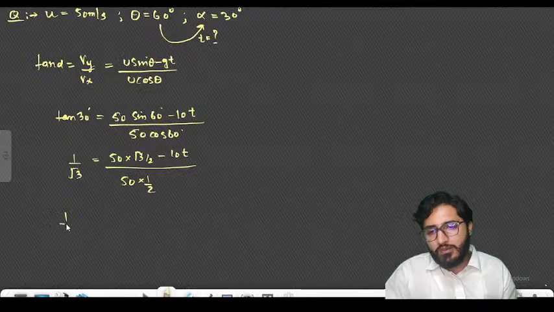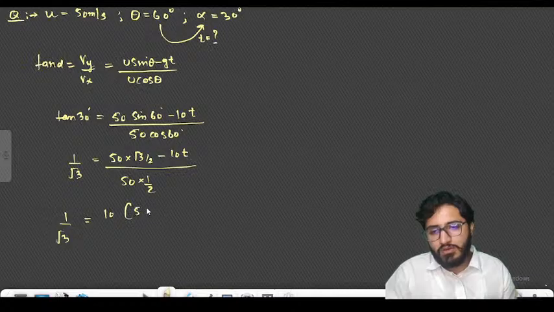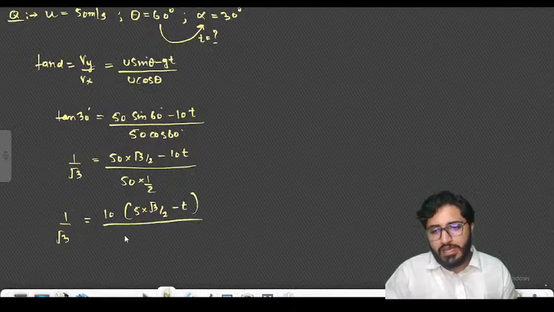So I can write 1 by root 3. I can take 10 common, so we have 5 multiplied by root 3 by 2 minus t, whole divided by 50 into 1 by 2. The 10s cancel out.